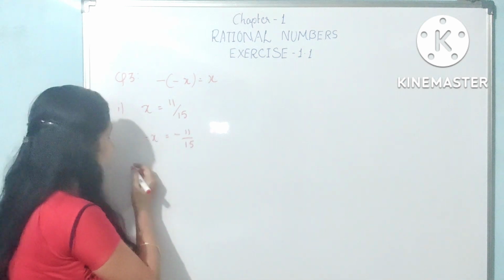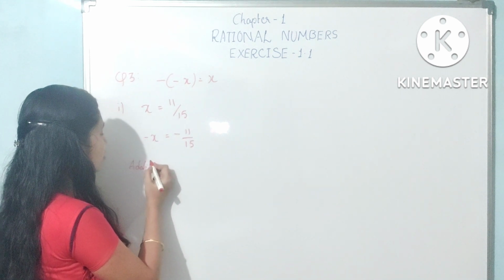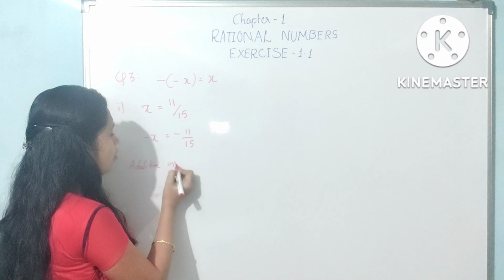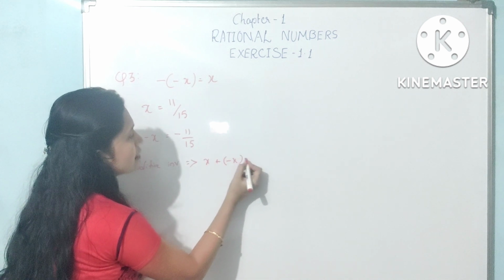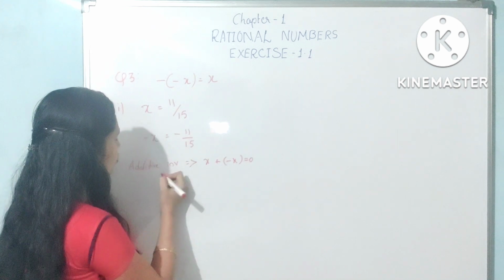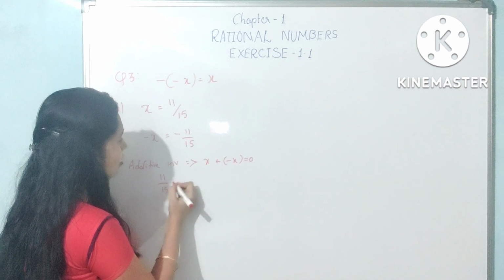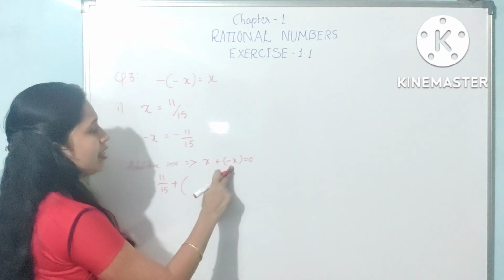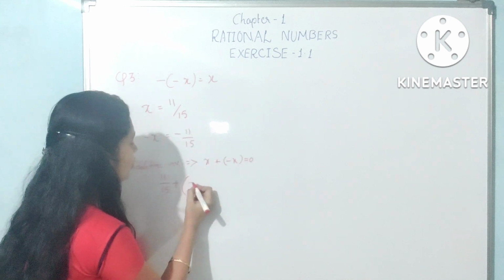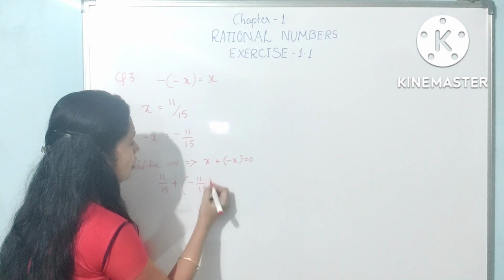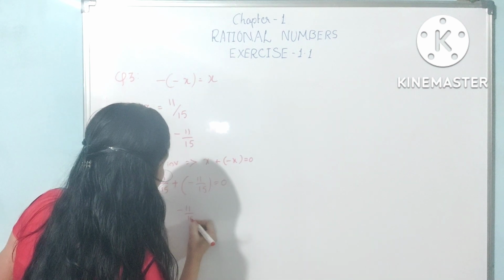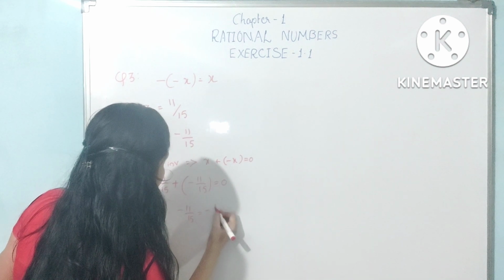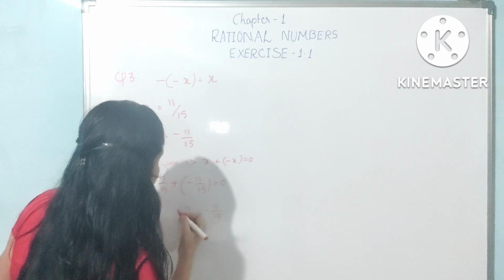So as per additive inverse, what we're going to do? X plus minus x is equal to 0, right? So we can write 11 by 15 plus, what is the value of minus x? It is minus 11 by 15, is equal to 0. Correct? We'll move this 11 by 15. Okay.